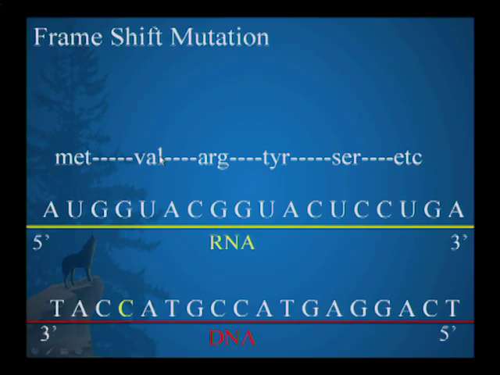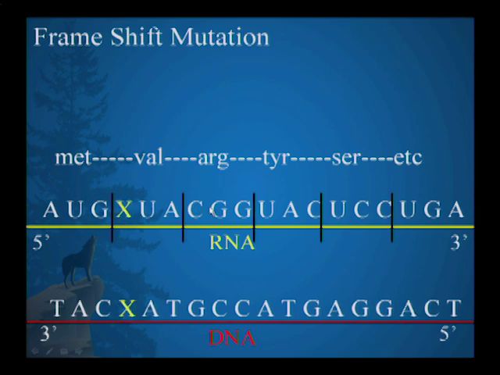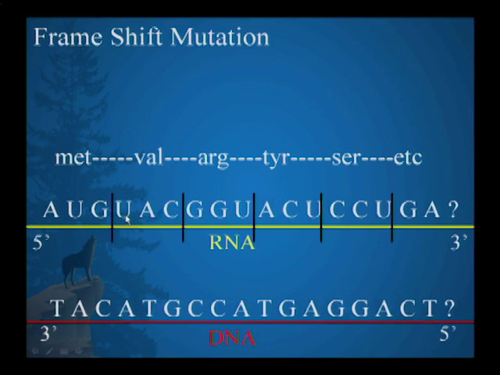A frame shift mutation occurs when there's either an addition or a deletion of a nucleotide. Again, if we look at this cytosine here, what if something happened so that it was literally just knocked out of the strand? Initially we have our codons, AUG, GUA, and so on. But what if one of those nucleotides was eliminated and then the strands spliced together? That would change all of our codons here. We would be shifting everything to the left so that this codon is changed, this codon is changed, this codon changed.